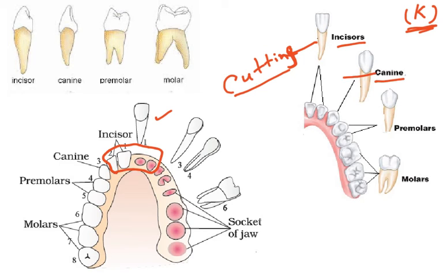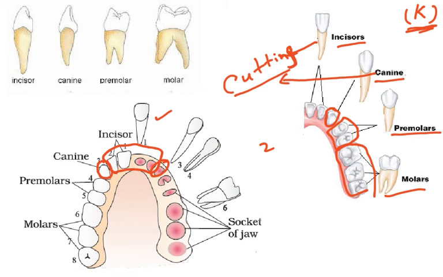Canines are again also for cutting. Now we have a canine, one on this side and one on the other side. So this is the canine here and this is the canine here. And then you have the premolars, which are these two teeth, and you have two on all sides. So two on this side, two on this side, and two in the upper jaw. So 4, and then we have the molars, which are these 3 at the back.